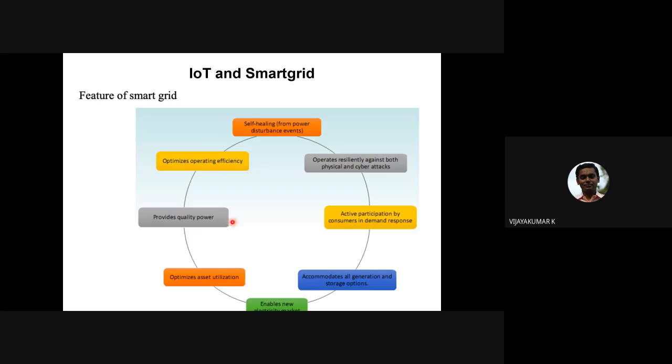And because of having different components in your system, you are able to provide quality power to the consumers. That is very much required, right? So we can give reliable as well as continuous power to the consumers, so that we can enhance the efficiency of the system. Finally, we are enhancing the operating efficiency of the system. So these are the features of smart grid systems.